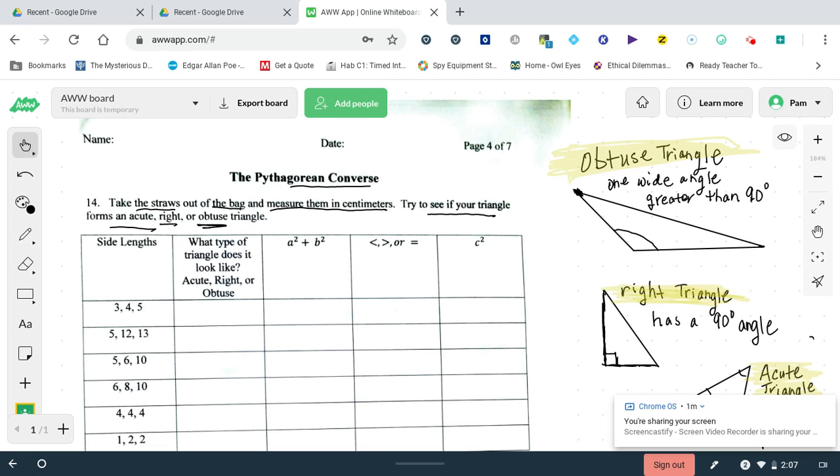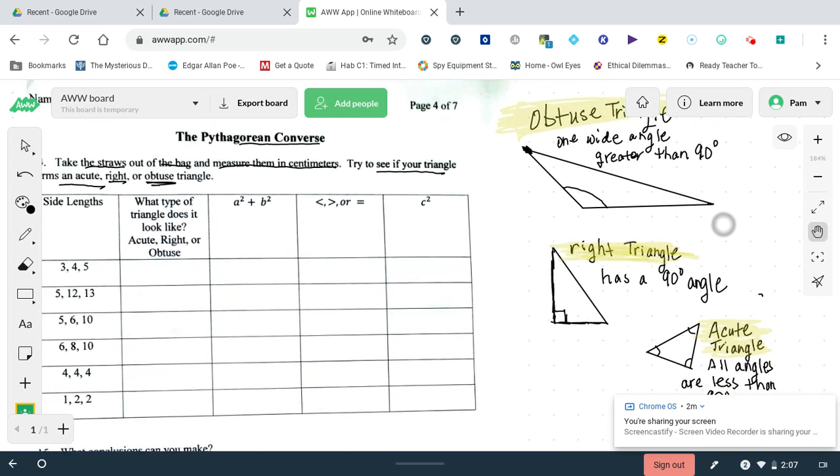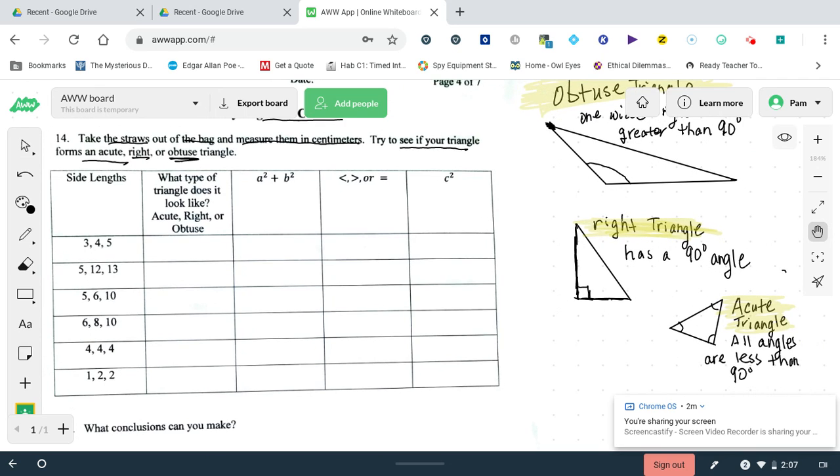But for an acute triangle, I'm trying to get the page to slide, and it won't slide. Okay, let me try this. There we go. An acute triangle, right here, is a triangle where all angles are less than 90 degrees.